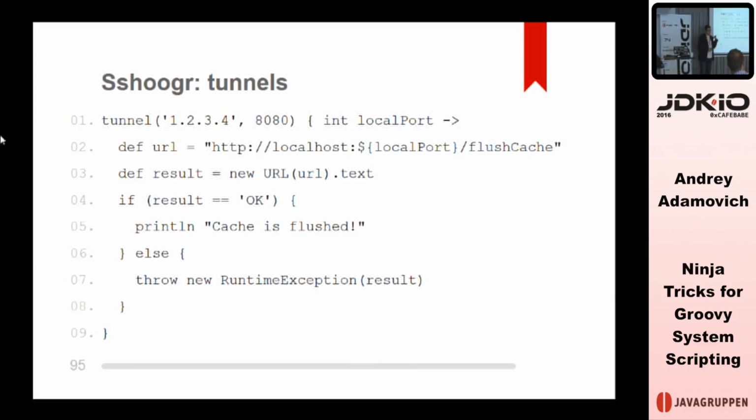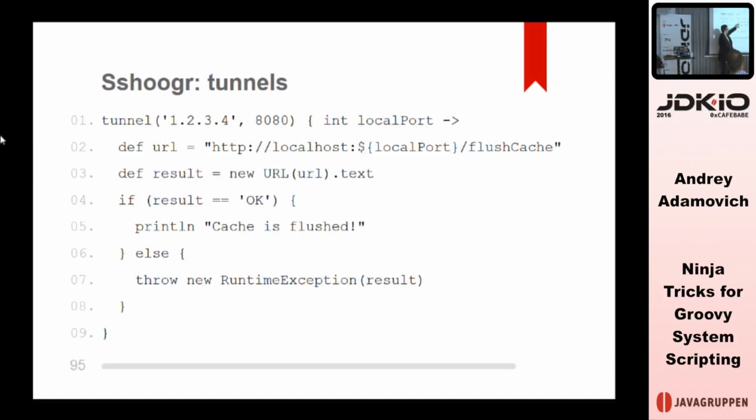Another thing that Sshoogr has, and which I actually use quite often, is tunneling, because it often happens that some of the servers are located behind a jump server, behind the firewall, and the only way to connect to them is tunneling through a certain port over SSH. So what happens here is that we connect over SSH to this IP address, we create a tunnel on port 8080, and we start a local server with some random local port.